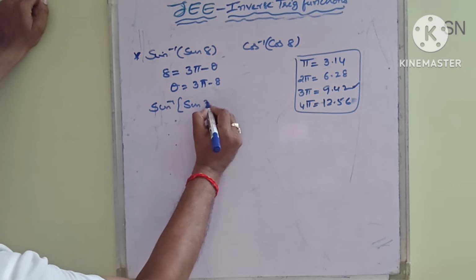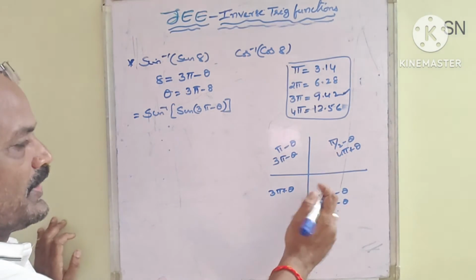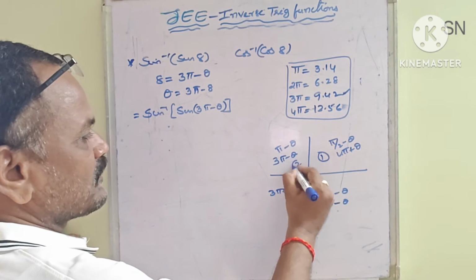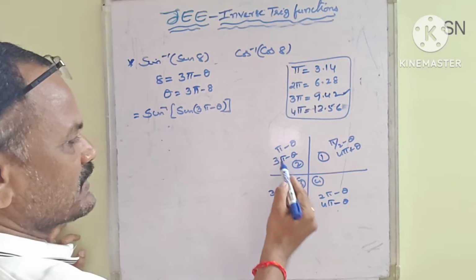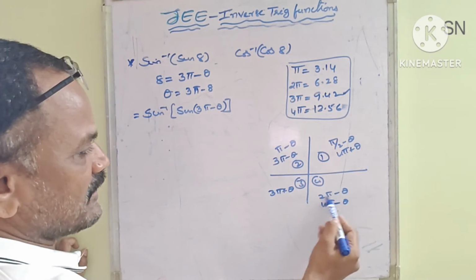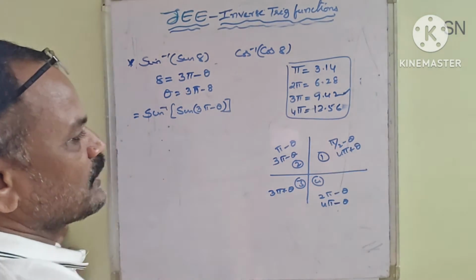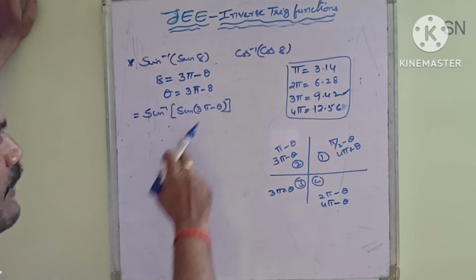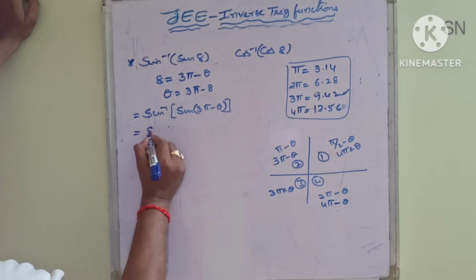So what is 8? 3 pi minus theta. Now here, first quadrant, second quadrant, third quadrant, fourth quadrant: 90 minus theta, 180 minus theta, and 3 pi minus theta, 3 pi plus theta, 2 pi minus theta, so 4 pi minus theta, 4 pi plus theta. Now 3 pi minus theta lies in the second quadrant. Now sin is positive.